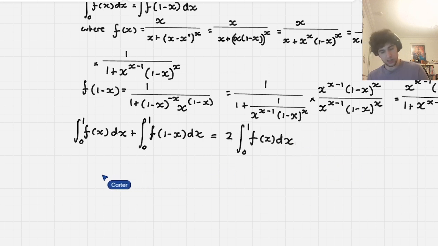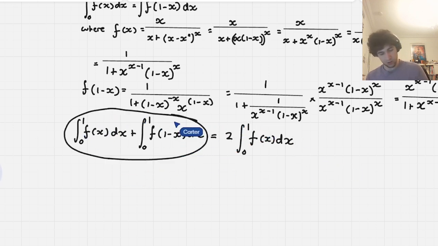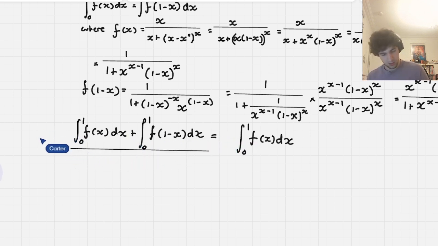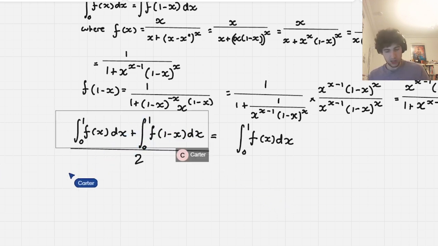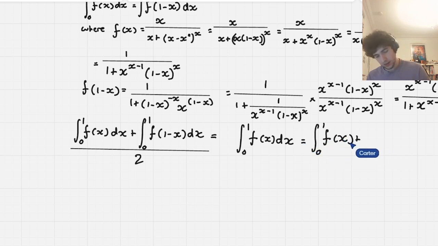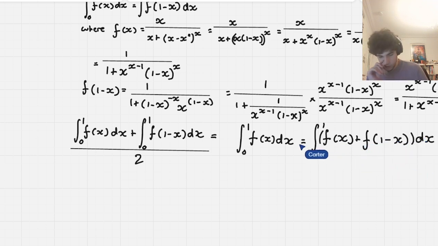So if we can figure out what this is, we can just divide it by 2, right? And get our answer. Well, since we have the same bounds of integration, we can combine that into one integral. So that's just going to be equal to the integral from 0 to 1 of f of x add f of 1 minus x, all with respect to x. And then we do that divided by 2.